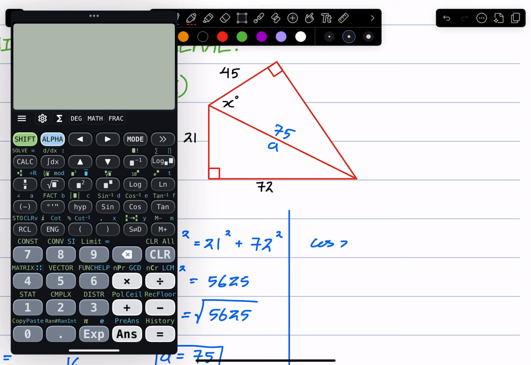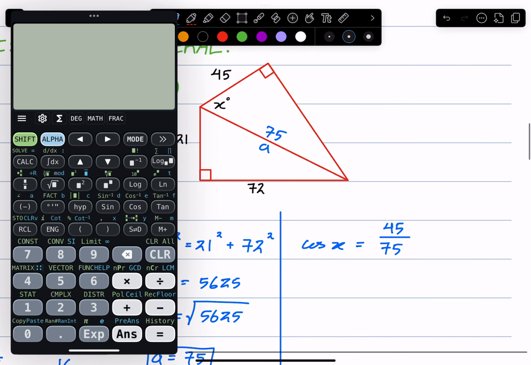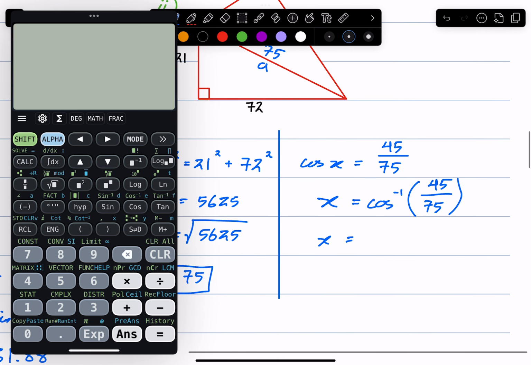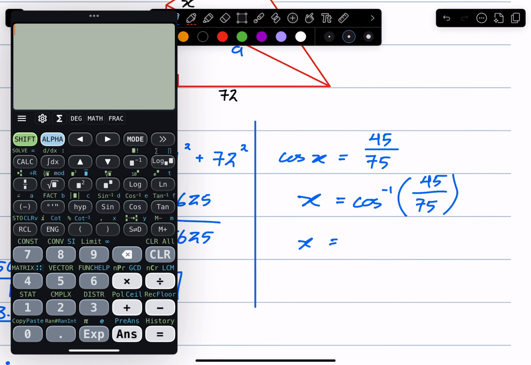So cos of x is equal to adjacent, which is 45, over the hypotenuse, which is 75. And from here we can see, to find the angle x, we take the inverse cos of 45 over 75. And from here, we solve this problem.